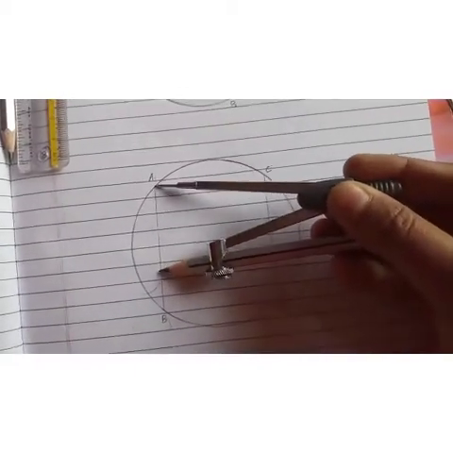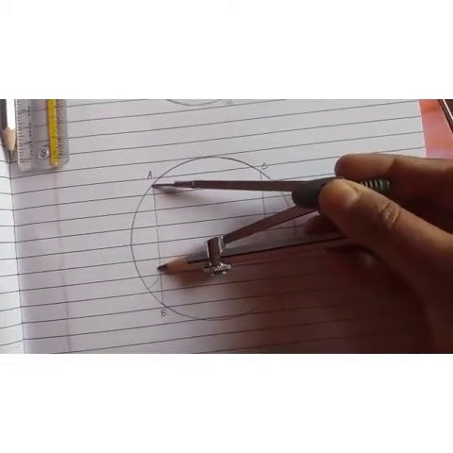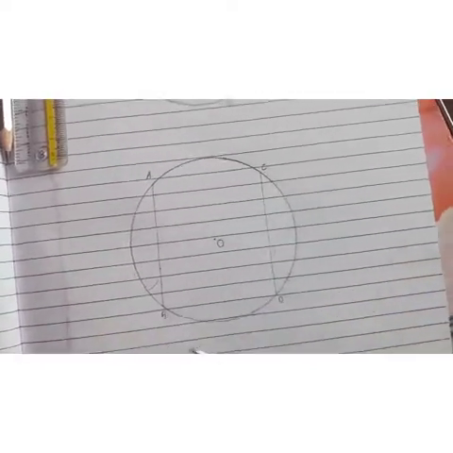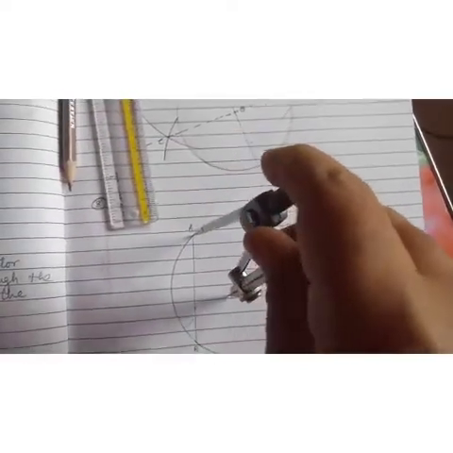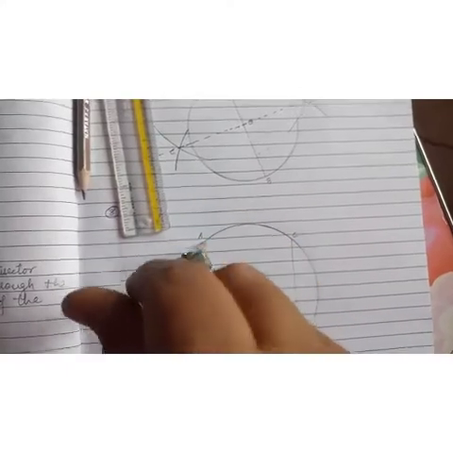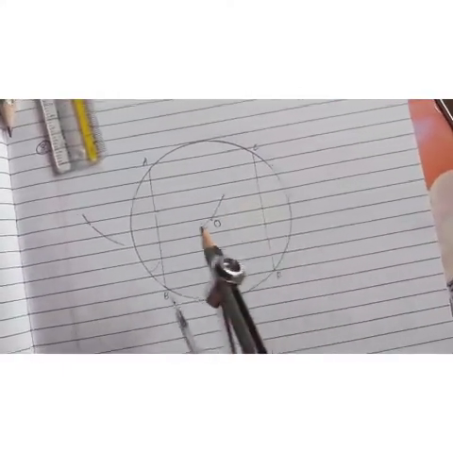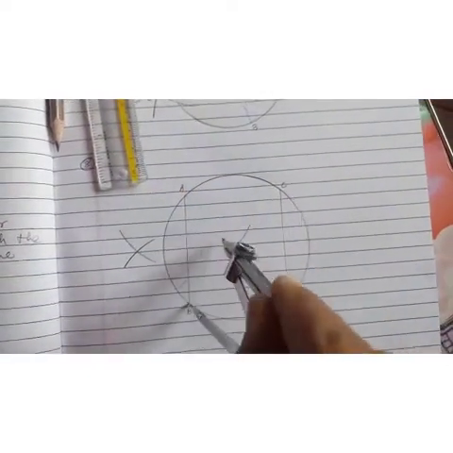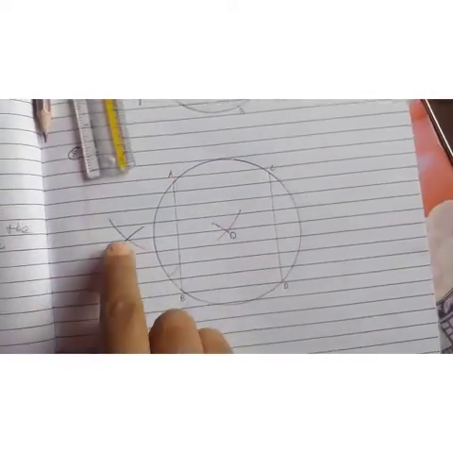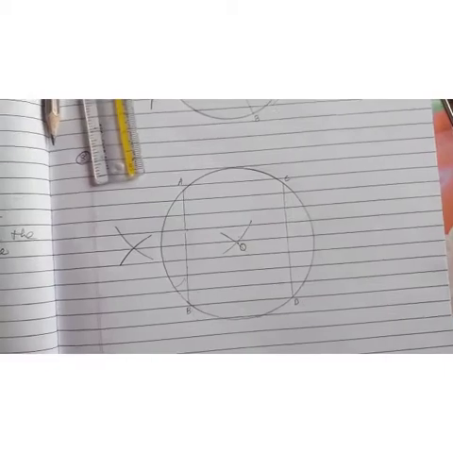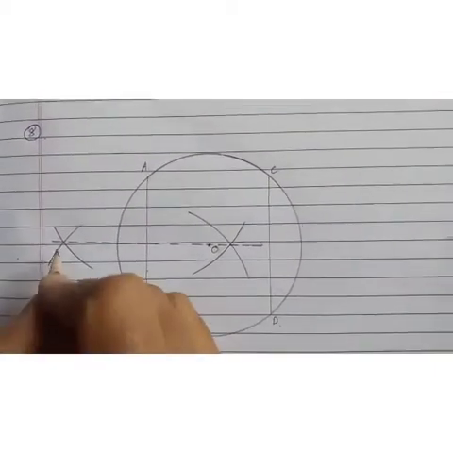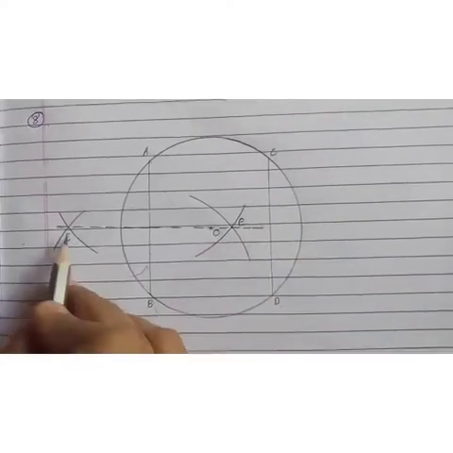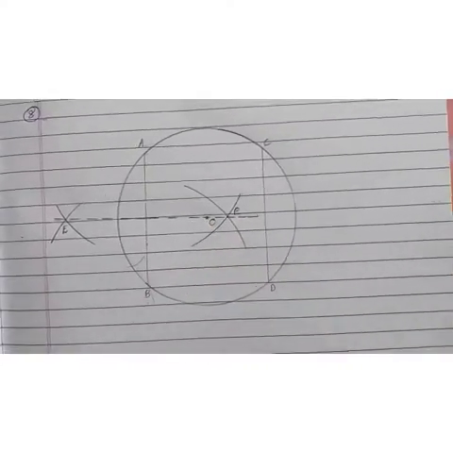Yes. Is it visible? Okay, with radius more than half, draw an arc above and below. I am drawing it here and here. Now with B as center and the same radius, again draw an arc. Now join these 2 points. Mark them as E and F. When you observe this, it is passing through the center.